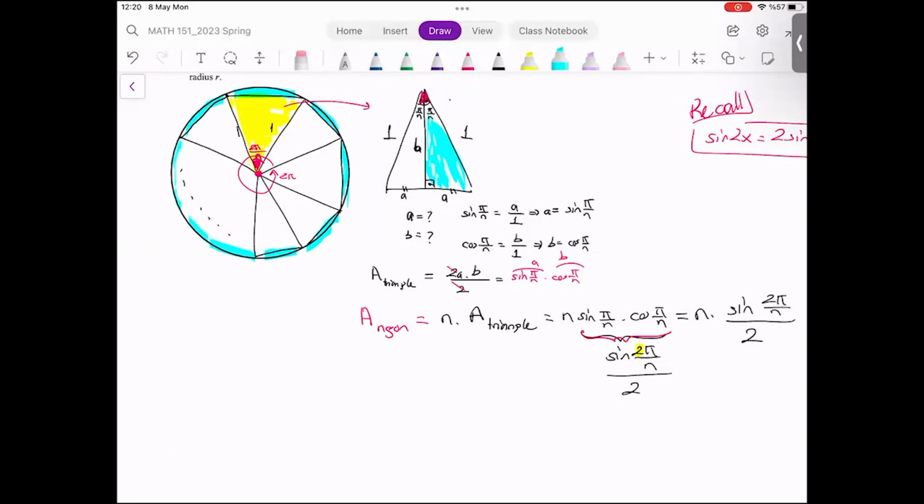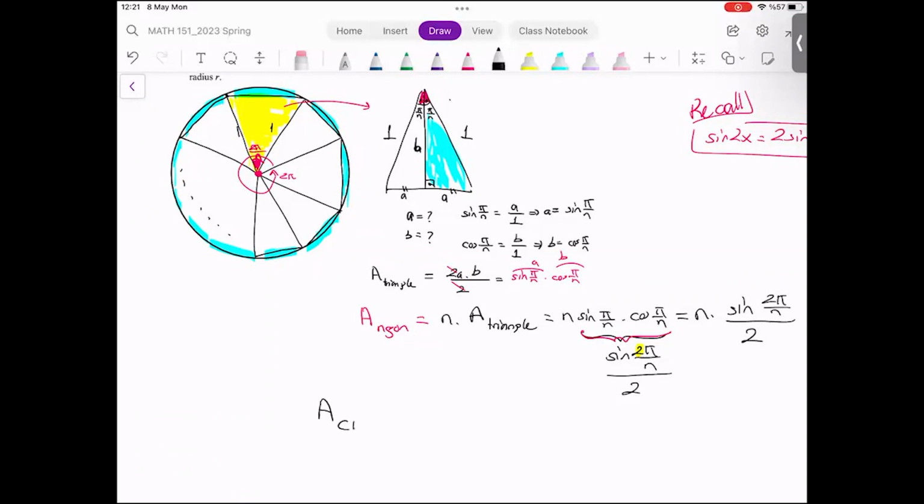How can I get rid of these errors? By increasing the number of triangles, I can decrease the amount of error, right? The more triangles we have, the less error we obtain. That's why now there is a passage from the area of the polygon to the area of the circle. How can I relate these two?